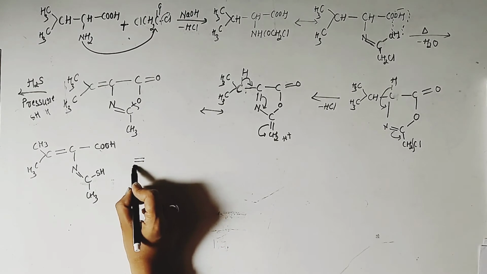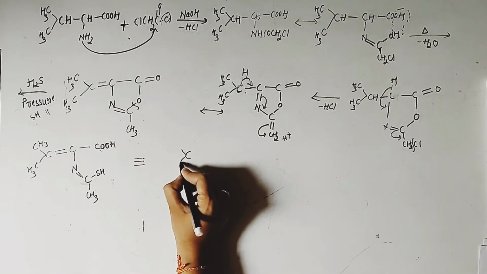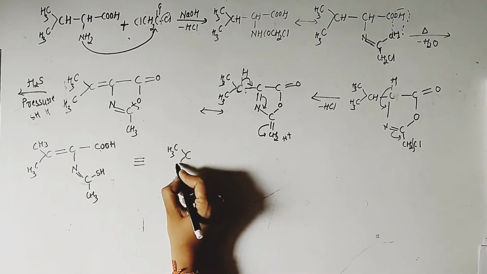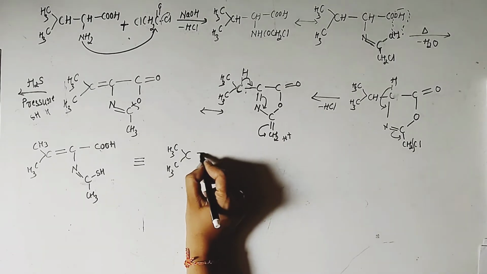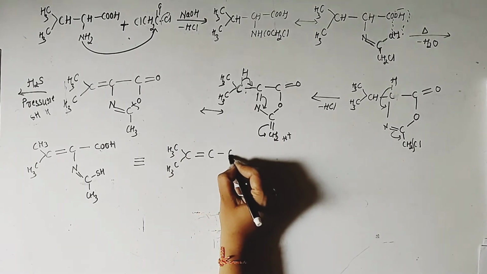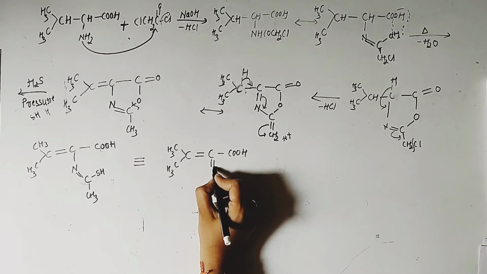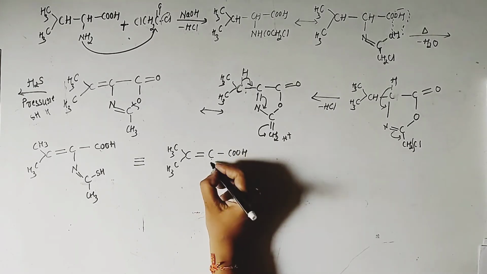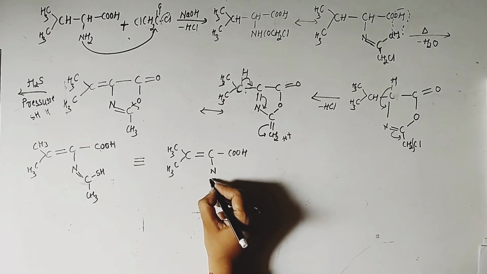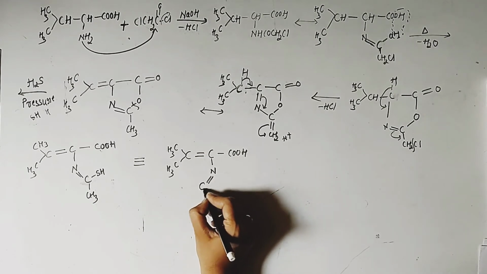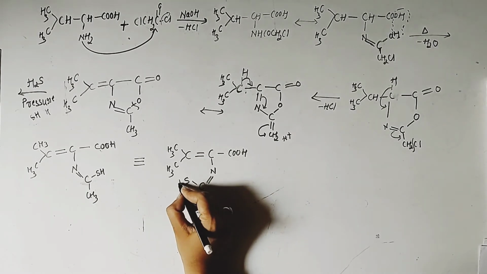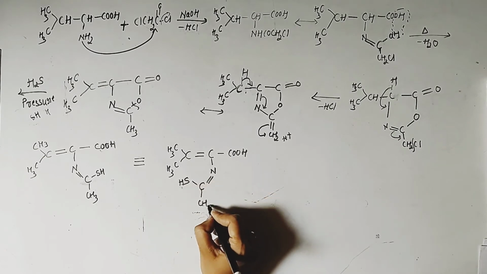So it can be written as CH3, and this is a double bond, COOH, and this is carbon to nitrogen, and on this side this is carbon and SH and CH3.